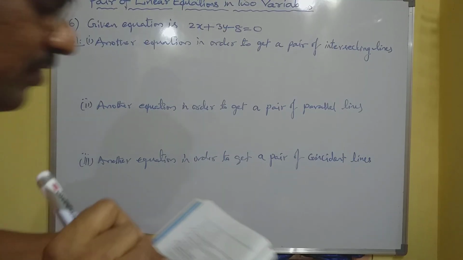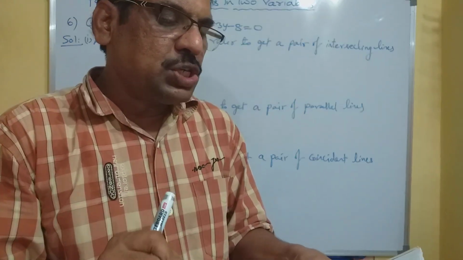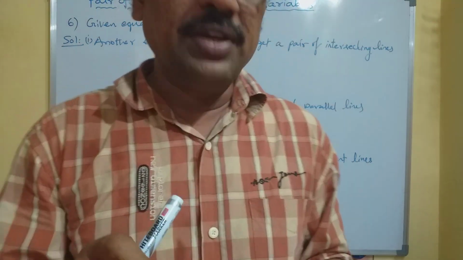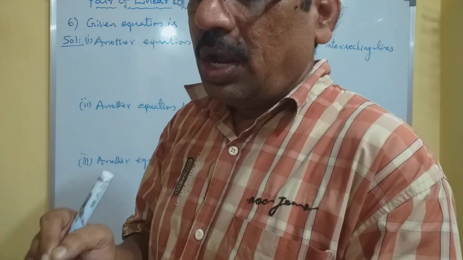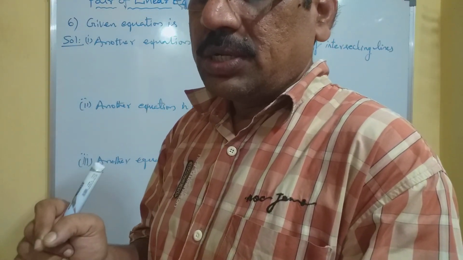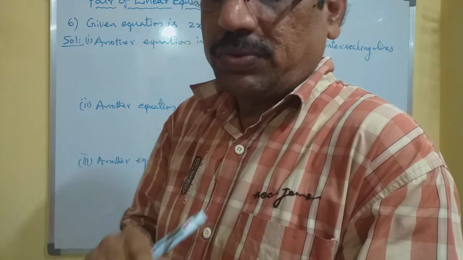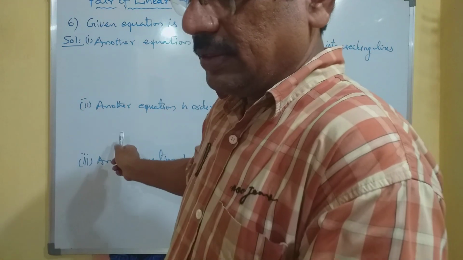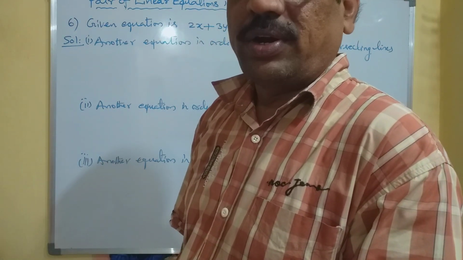Now look at the sixth problem. Given the linear equation 2x plus 3y minus 8 is equal to 0, write another linear equation in two variables such that the geometric representation of the pair so formed is, first one intersecting lines, the second one parallel lines, and the third one coincident lines.